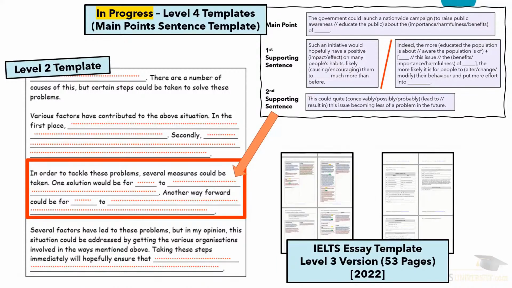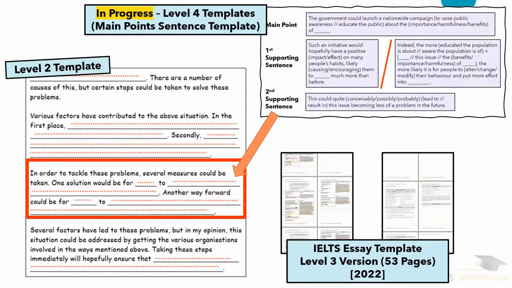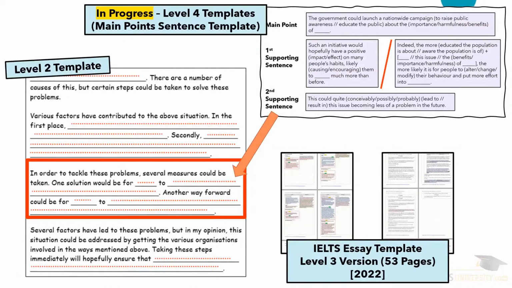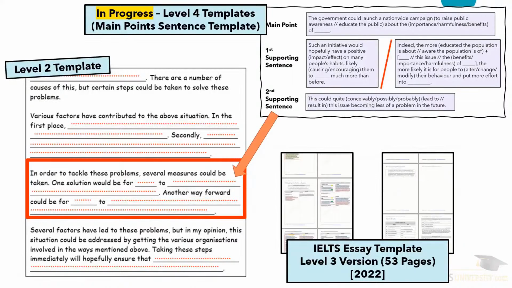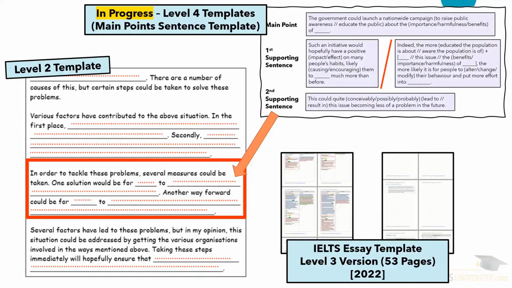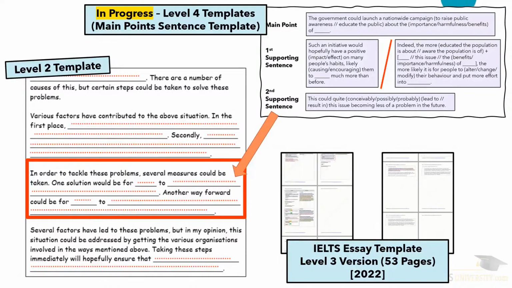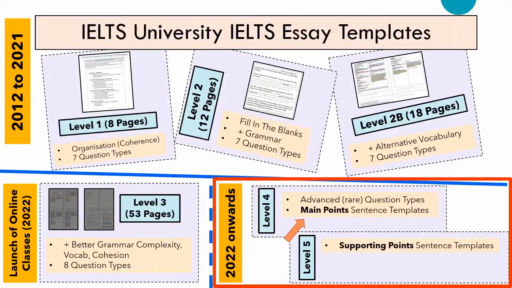Okay, so this is how level 4 goes further than just giving you general phrases for various question types, but it's also trying to give you, and I'm creating it at the moment, also main points and supporting points, right?